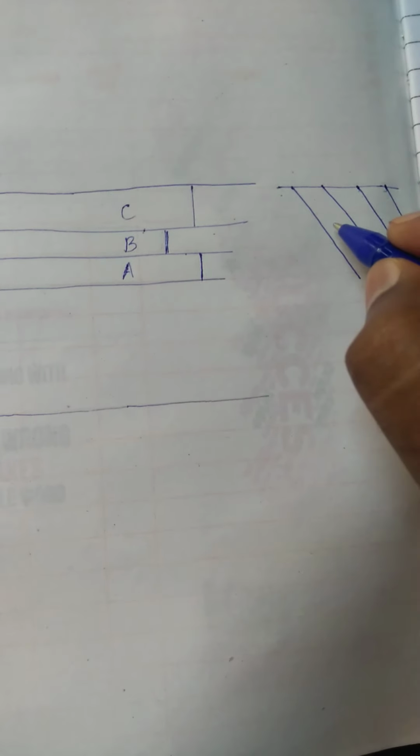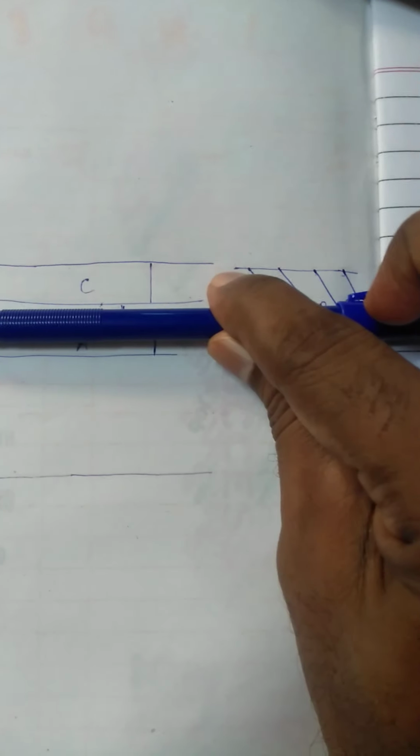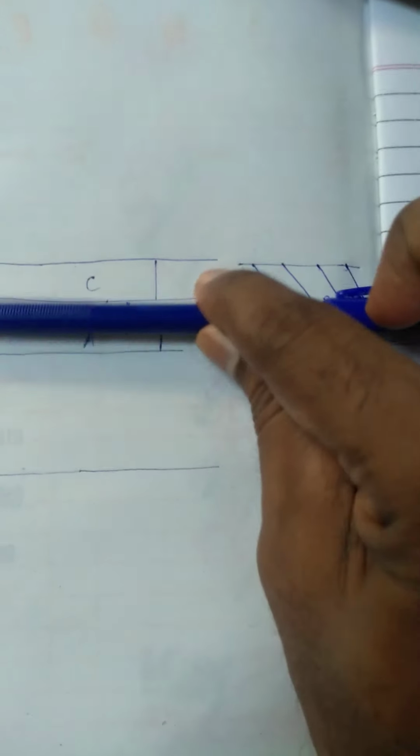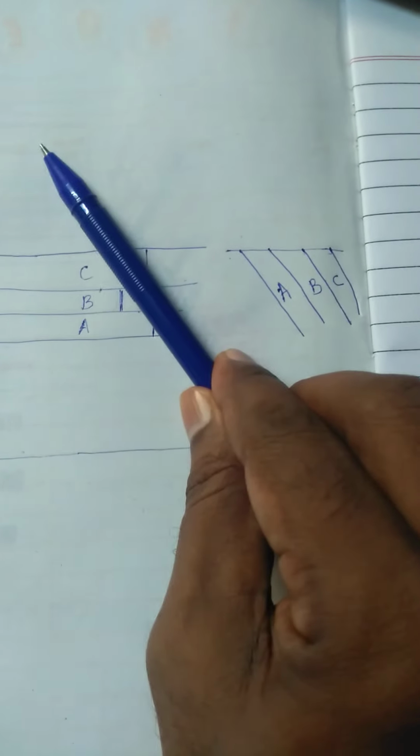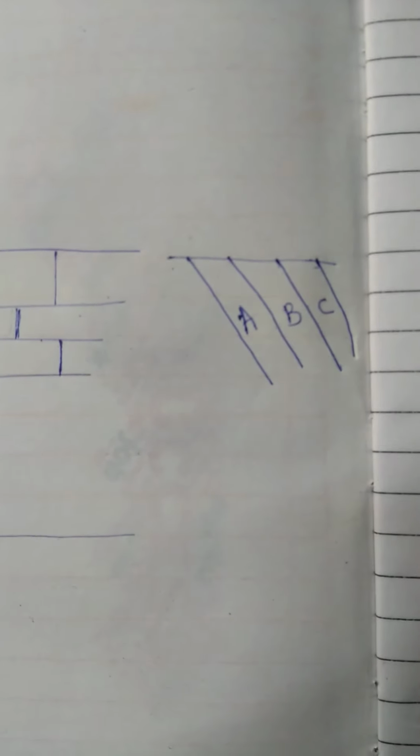These are the beds, say A, B, C. First, these beds were horizontal, A, B, C, and then they tilt like this. So bed A will come here first, then B, then C.